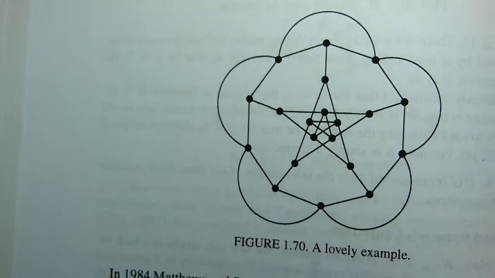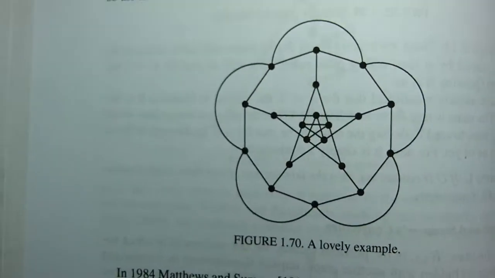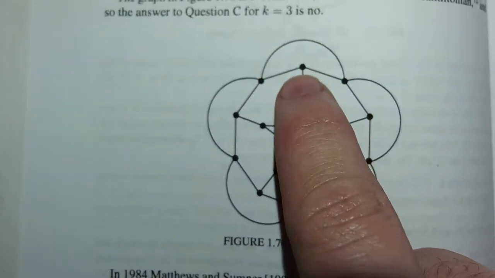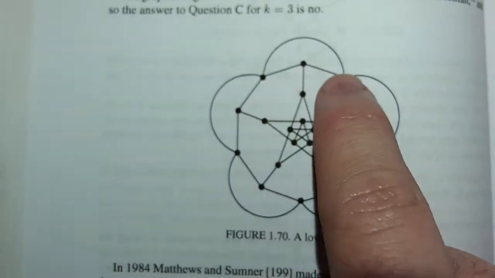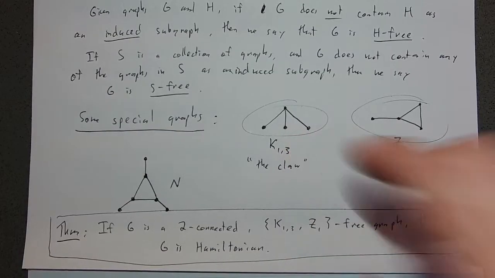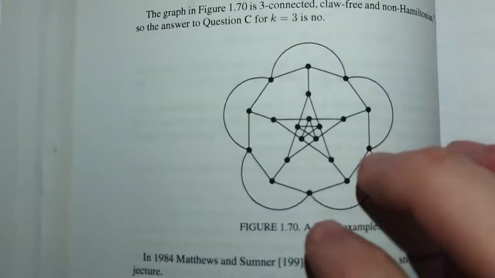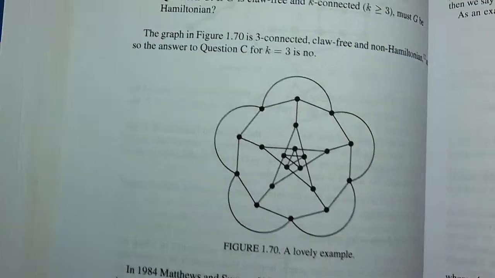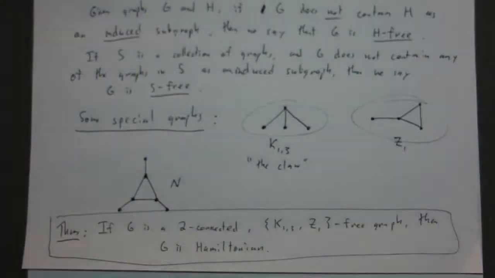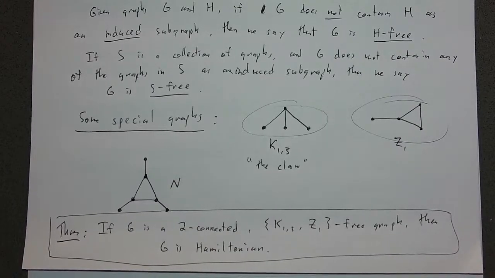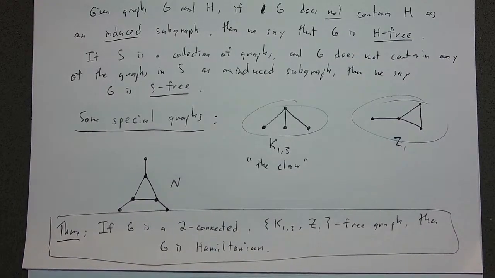Now, I say this is claw-free, but you look at this and you say, wait, there's the claw right here. Doesn't that look like the claw right there? Well, no. But to understand that, you have to go back to the definition of induced subgraph versus just subgraph.